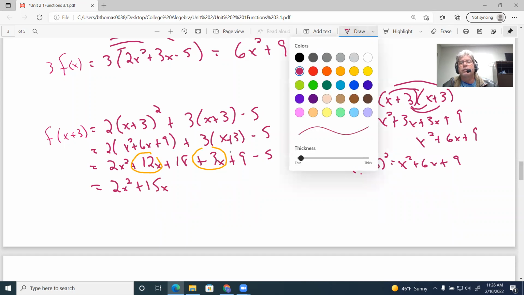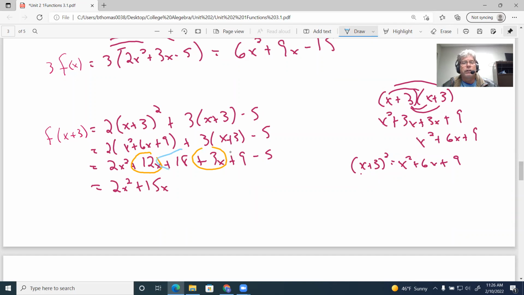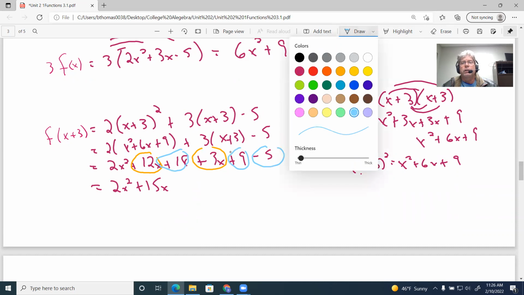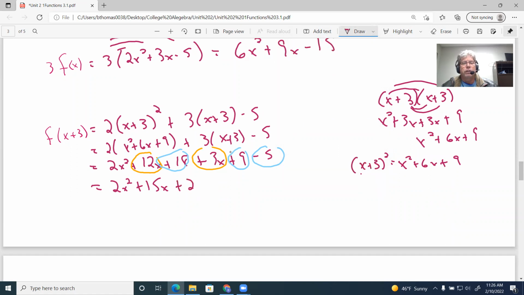And then your constant. Notice how we have an 18, a 9, and a negative 5. So actually I have to add 3 things. 18 and a 9 would be, say, 27. And then lose 5 would be a positive 22. So plus 22.